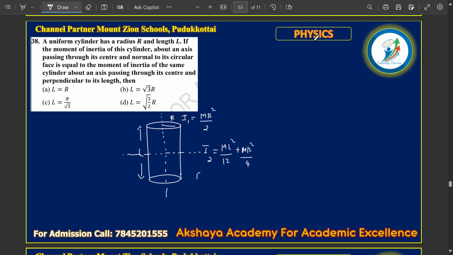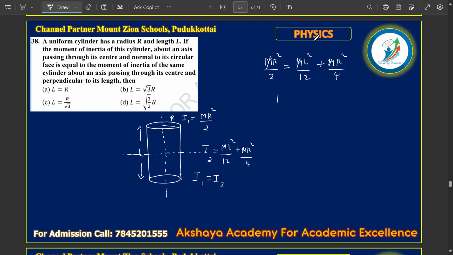The given condition is that these two moments of inertia are equal. When we equate them, we get mr square by 2 equal to ml square by 12 plus mr square by 4. Now, on equating, we can cancel out all m.